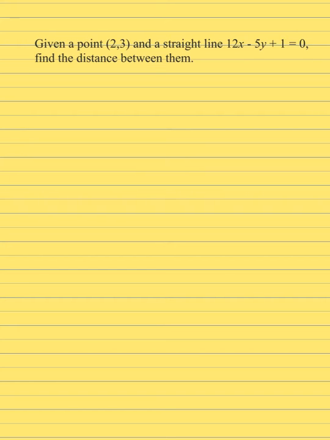Given a point (2, 3) and a straight line 12x minus 5y plus 1 equals 0, find the distance between them. First, let's draw the diagram. Okay, this is the line 12x minus 5y plus 1 equals 0, and this is the point (2, 3).